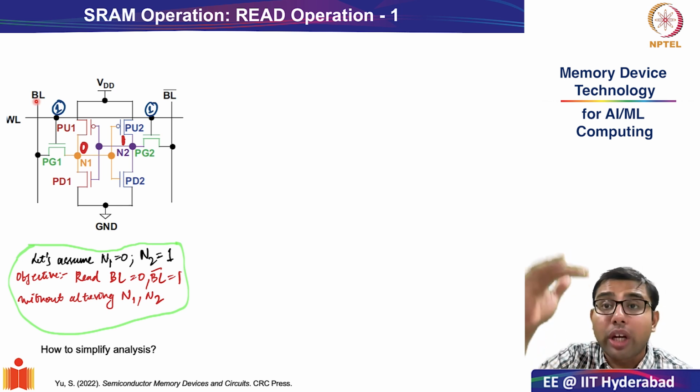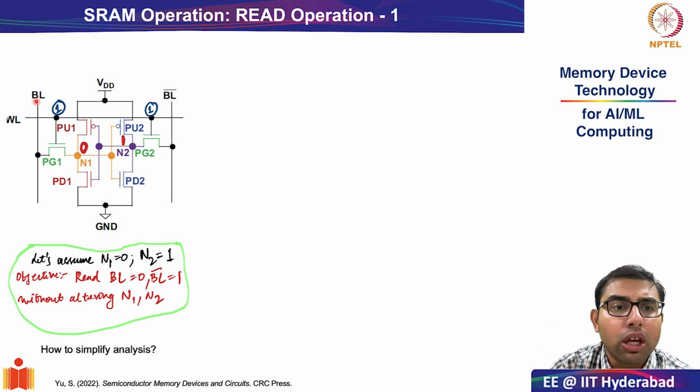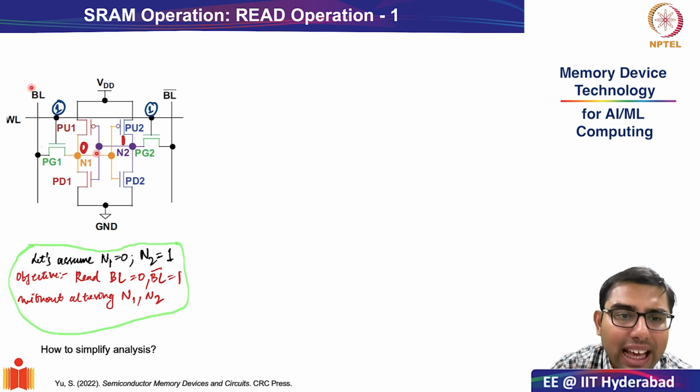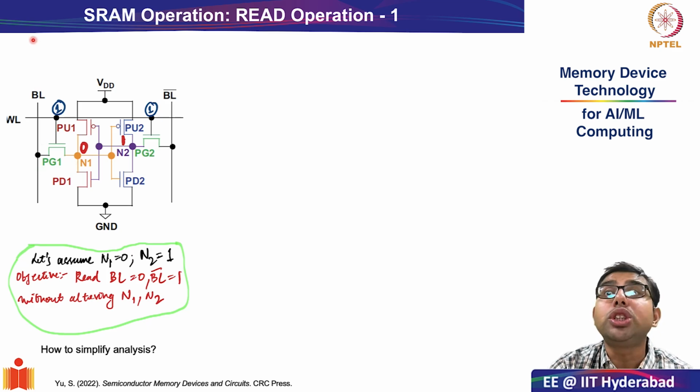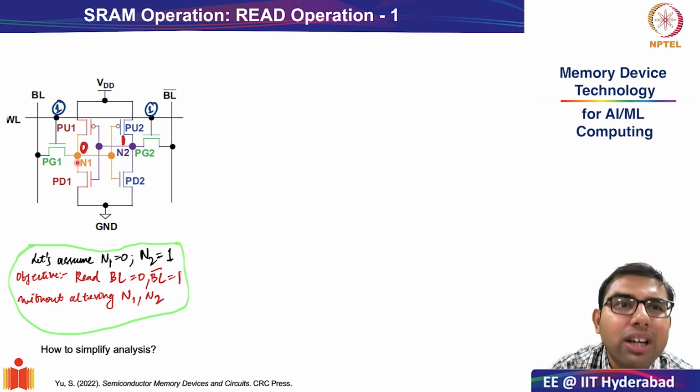Therefore, it is not possible for the entire value of node 1 to be reflected on the bit line. That will take a lot of time, because the capacitance of the bit line, CBL, will be much larger than the capacitance of this tiny individual SRAM cell. This is because the bit line is running across so many SRAM cells. This context is very important before we move ahead.